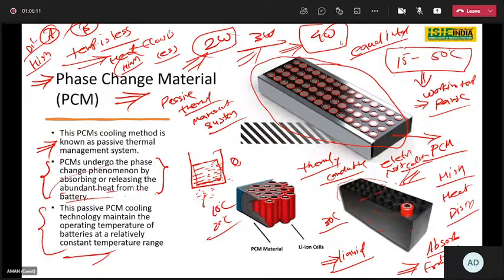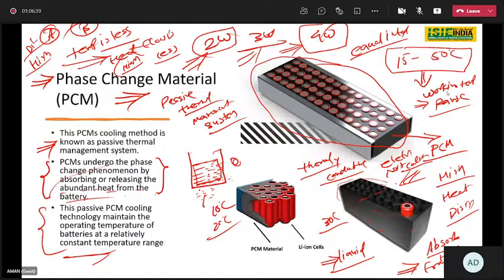If I sum up the whole PCM process in one line: as the temperature increases, the material melts and maintains a temperature within the working range. And when the process is done, it takes some time to release the absorbed heat. That's all about the PCM.